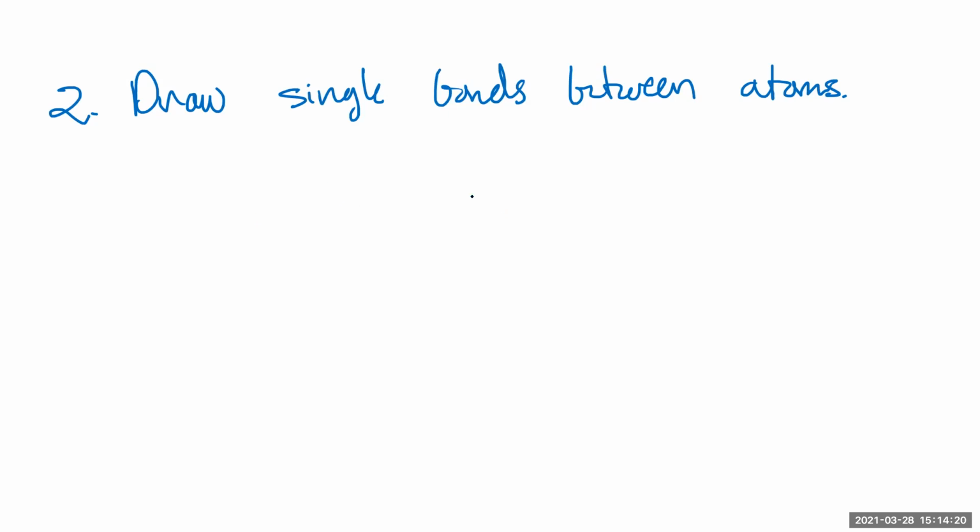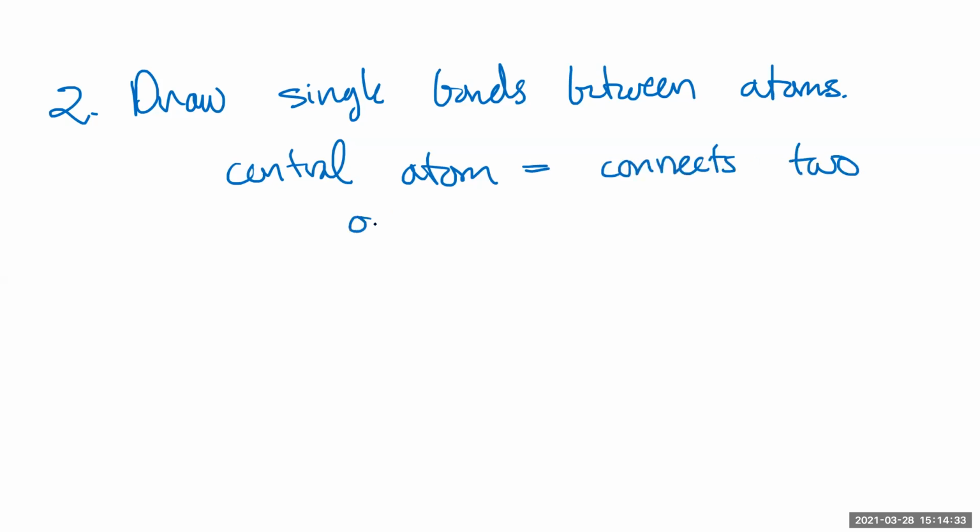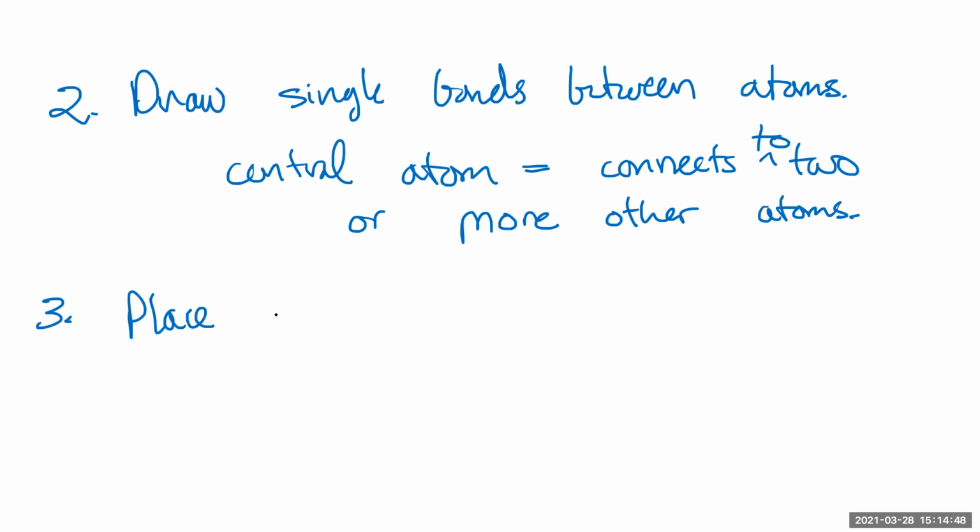Okay, so you put your atom, whatever is your central atom, in the center. And we'll say that a central atom is one that connects to two or more other atoms. 3, place any remaining valence electrons.